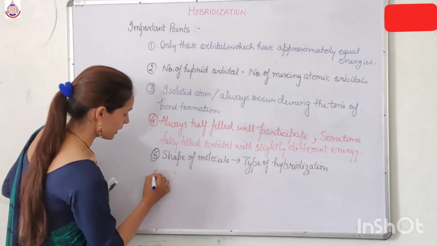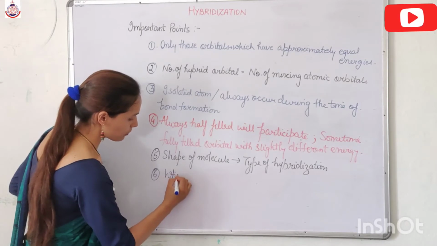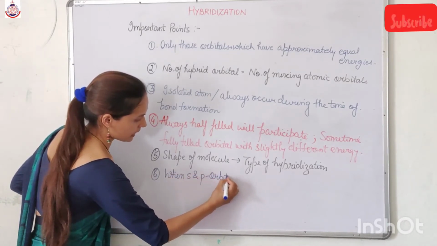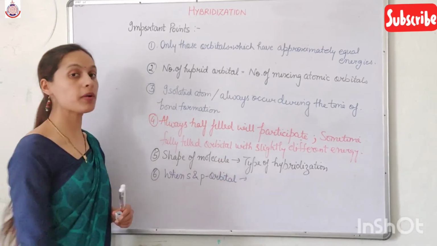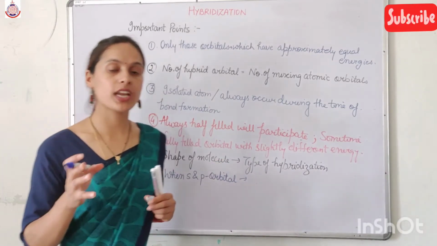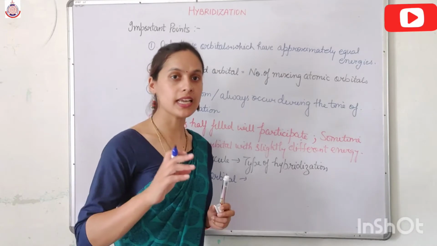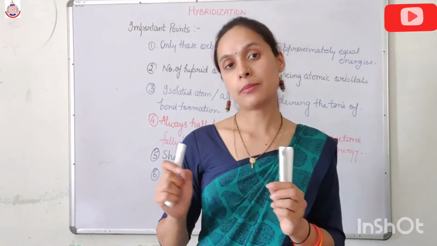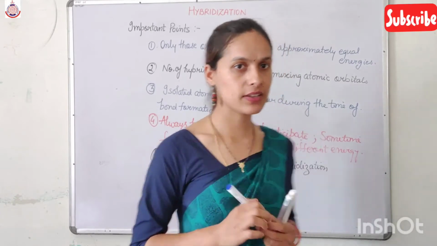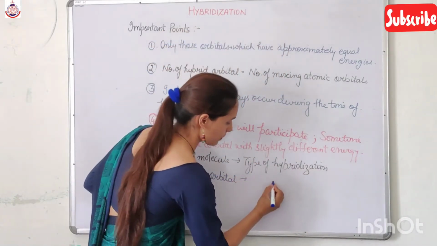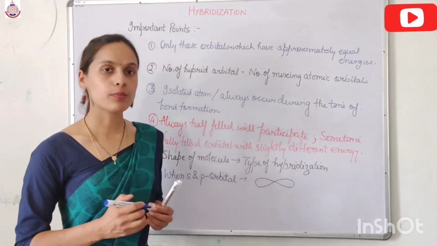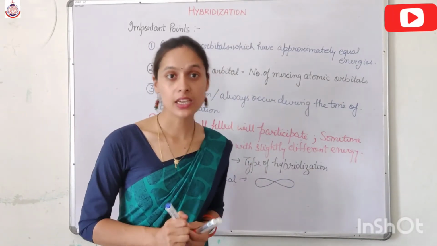Next, when s and p orbitals combine to form hybrid orbitals, the shape of the hybrid orbital is similar to that of the p orbital, but with a little bit of difference. Now, what is that difference? A p orbital is a dumbbell-shaped orbital with both lobes equal in shape.